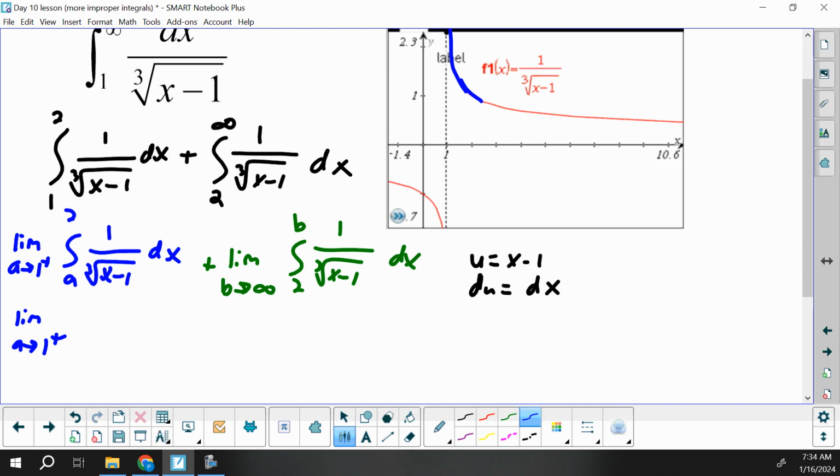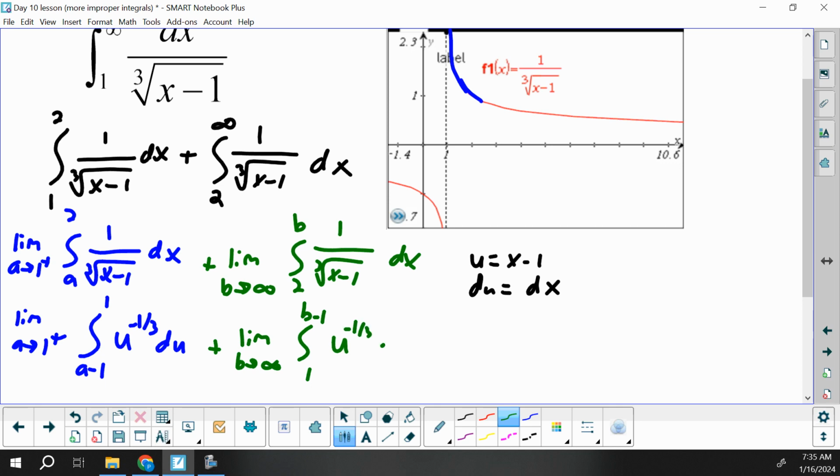If we put the 2 into our x minus 1, we're going to get 1, and we'll have a minus 1 on the bottom. This is going to be 1 over cubed root of u, which I'm just going to write as u to the negative 1/3 du. And we'll have a similar idea over here with changing the bounds and everything. So the 2 will become a 1, and we'll have b minus 1 here. We'll have u to the negative 1/3 du.